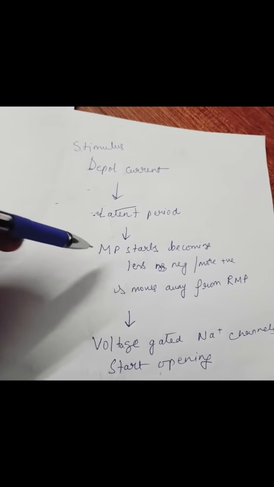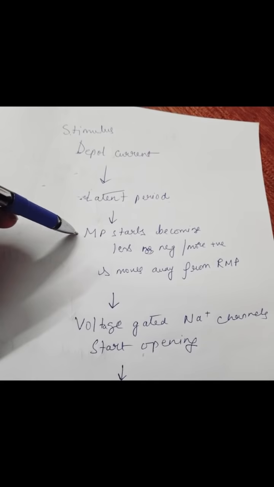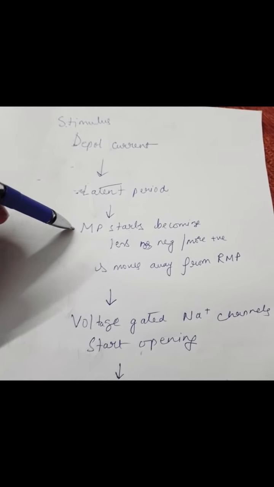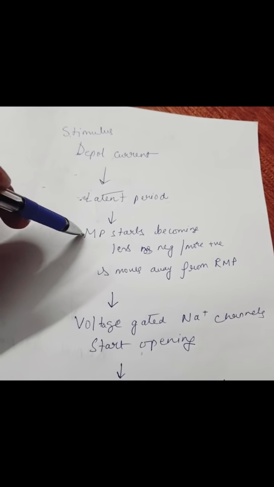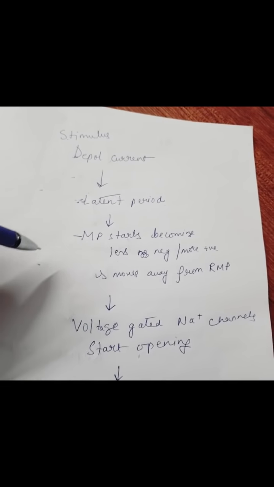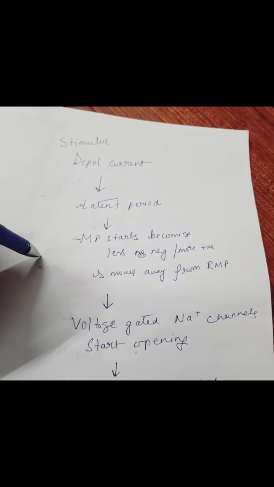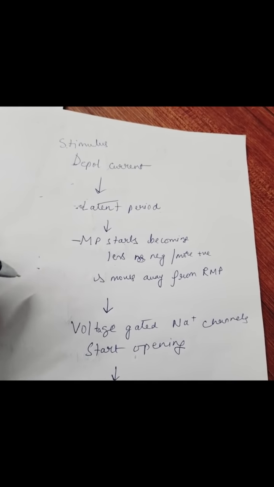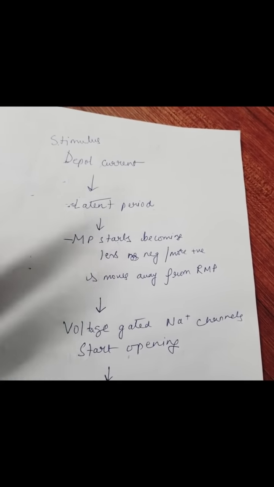After that, the membrane potential starts changing. It becomes less negative, that is more positive, and moves away from the RMP. That is, the RMP was minus 70 millivolt. Now the membrane potential starts changing, becoming less negative.